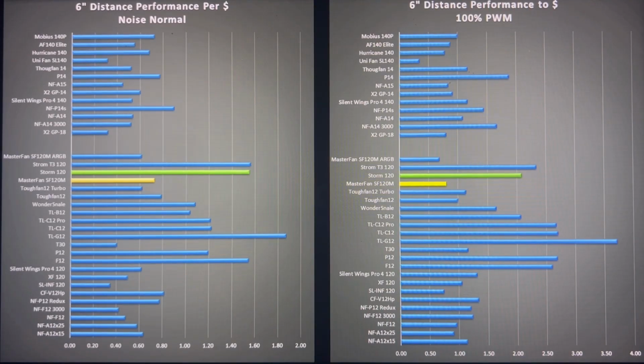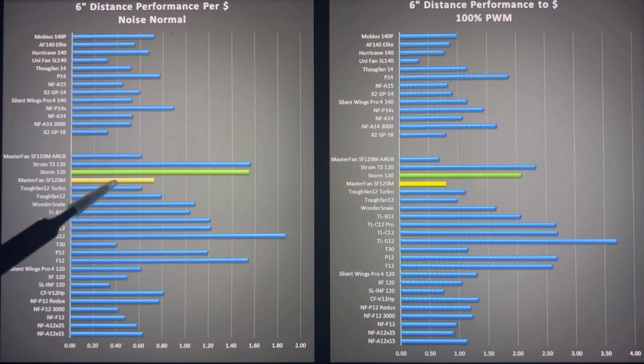So my value proposition ignores things like RGB, and it purely looks at the airspeed versus how much money it costs. But if you're looking for RGB, you at least know that it's got performance at a similar price.